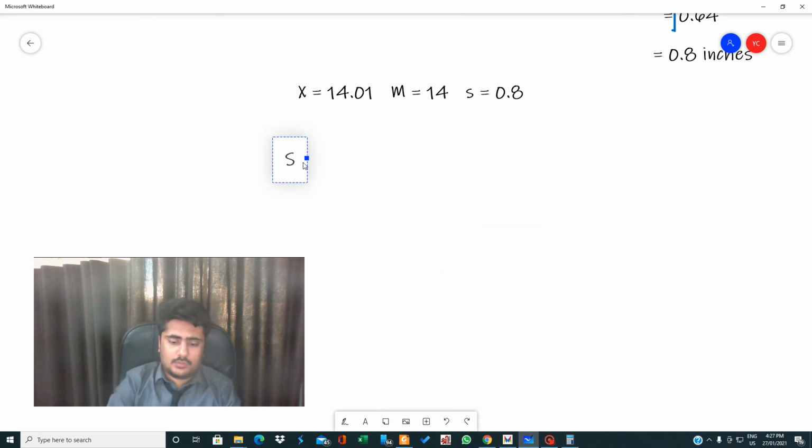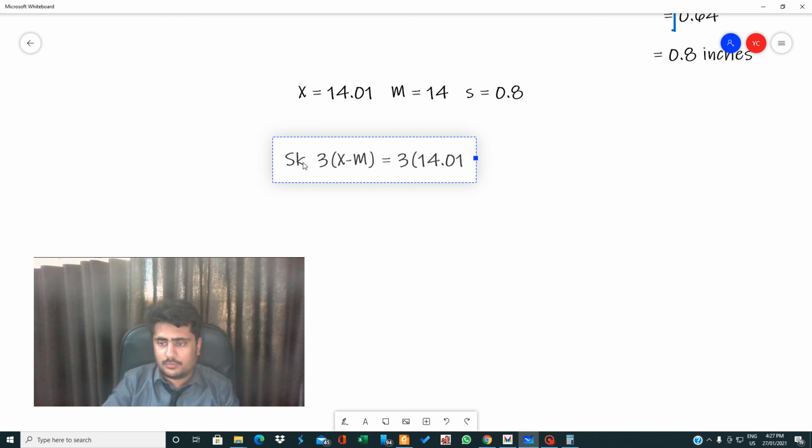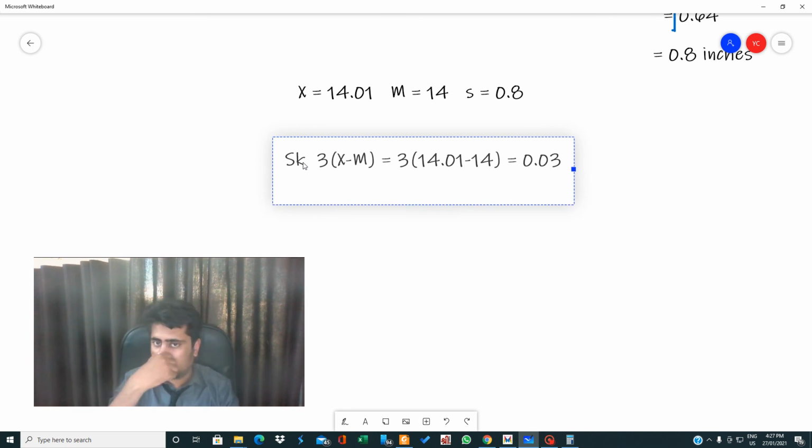My skewness is 3 into mean minus median. So it's 3 into 14.01 minus 14. It's 3 into 0.01, that is 0.03.